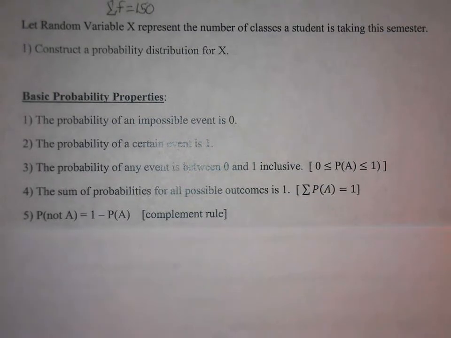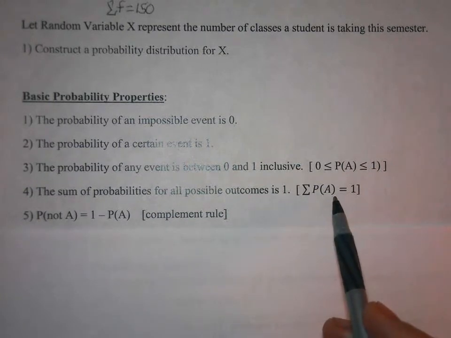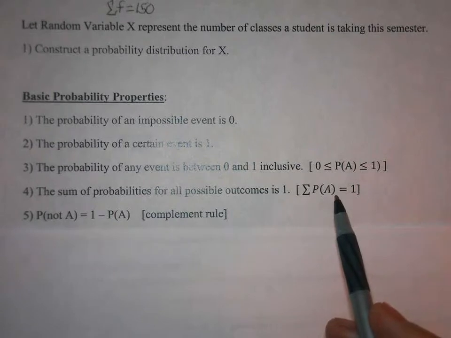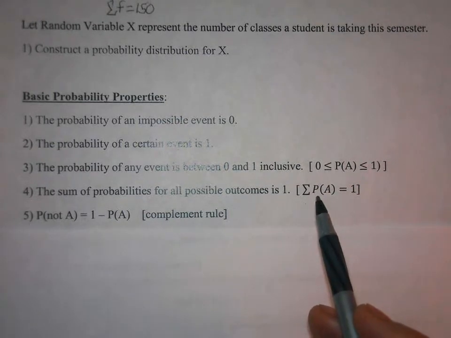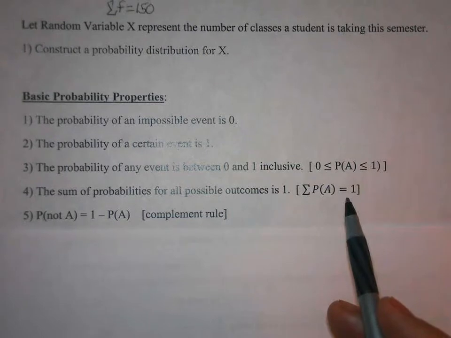If you look at rolling a fair die numbered 1 through 6, the sum of all probabilities must equal 1. In that case, meaning rolling a 1 or rolling a 2, 3, 4, 5, or 6, if you add all the probabilities up, you should get 1. The probability of a 1 is 1/6. Probability of a 2 is 1/6. Probability of 3 is 1/6. If you add all those up, you get 1.